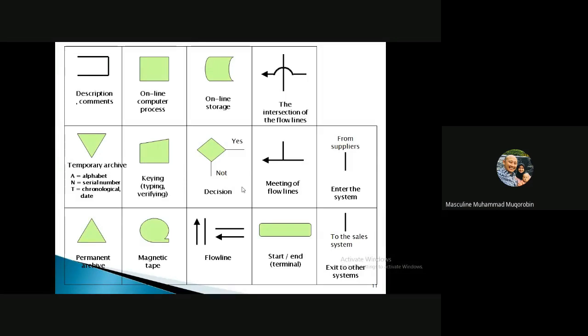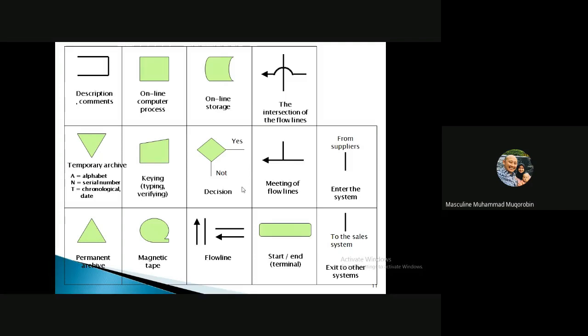Online computer process, a box can represent a single step or an entire process within a larger process. Online storage indicates a step where data gets stored.